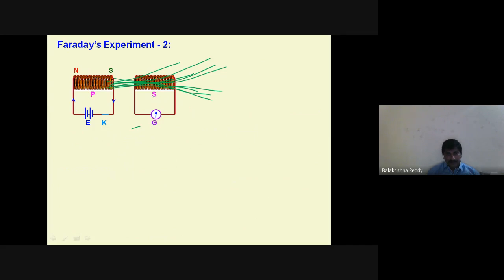Remember, when you suddenly turn on the switch, current rises. Here both are at rest. When you turn on the switch, the current flows and suddenly the flux rises. When the current drops, I mean if you turn off, at that time also EMF and current are induced. But after you turn on the switch, the current flows continuously and magnetic flux is continuously supplied, but during that time no EMF is induced because these two coils are at rest.